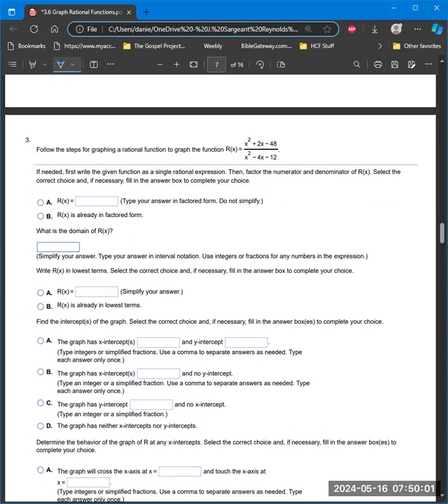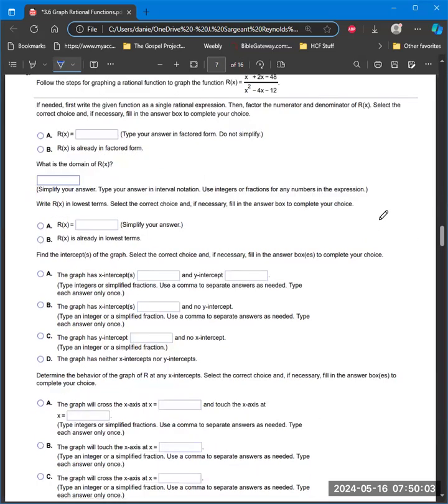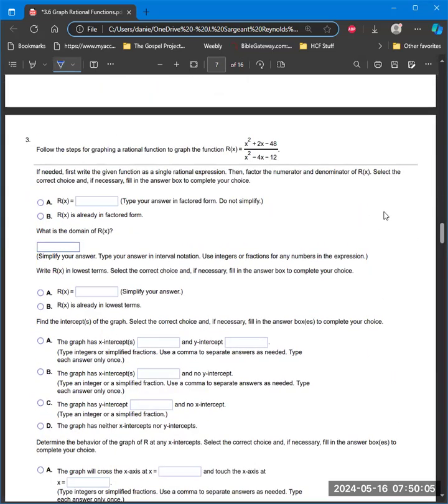All right. Now let's factor this one. We need to factor both the numerator and denominator this time. This is going to be x minus 6 and x plus 2 and x, and 48, 6 and 8.